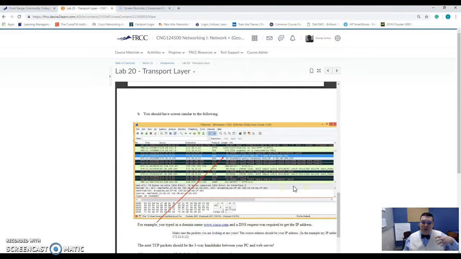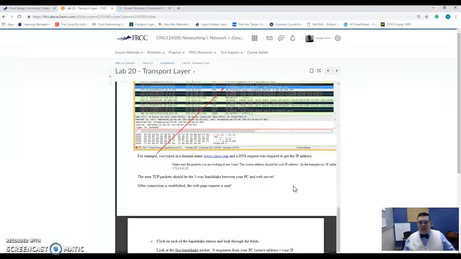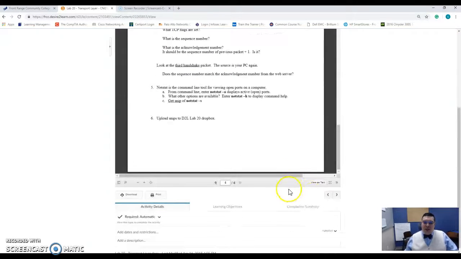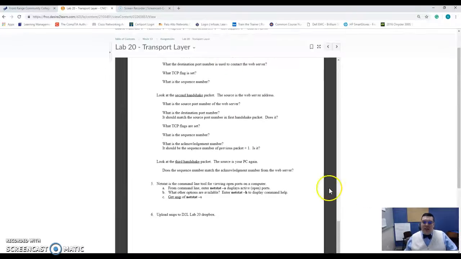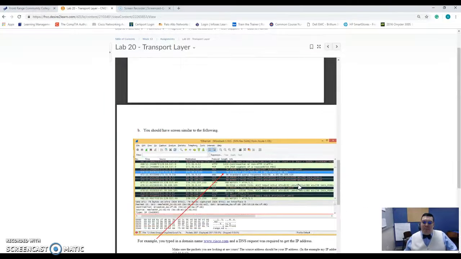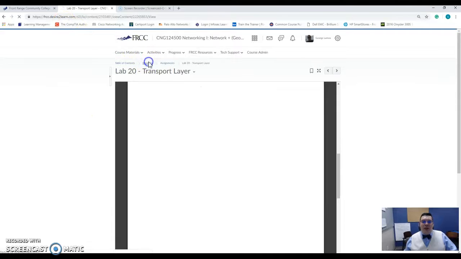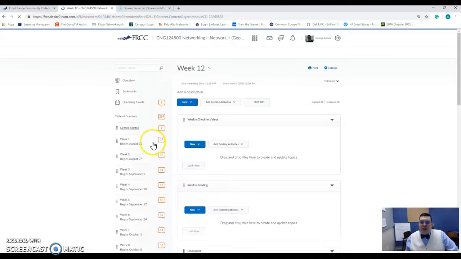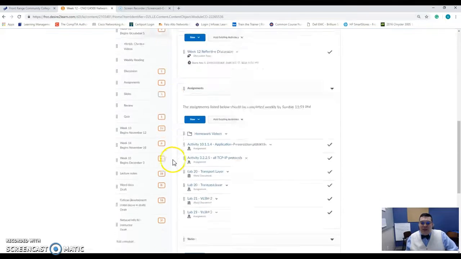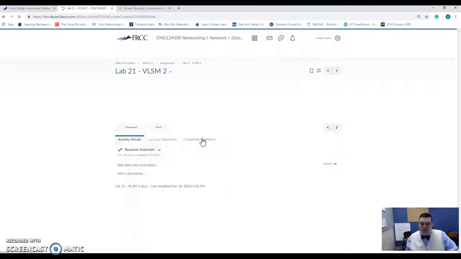This will just give you more traffic. What Wireshark is doing is listening to the traffic on the network. So make sure you take a look at that. Definitely monitor how many things are on your network before doing this lab, and that will help you do this lab very, very easily.